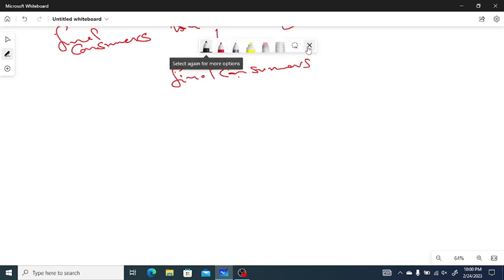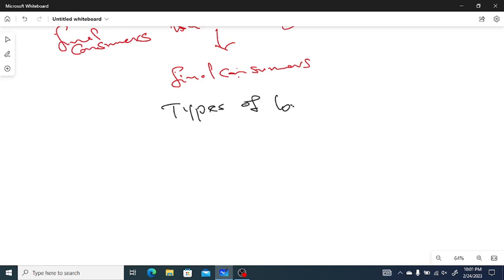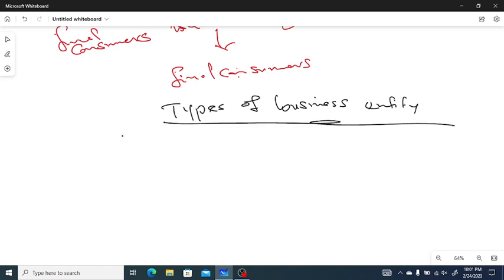Now we are going to look at the types of business entity. We have three main types of business entities. One is sole proprietorship.